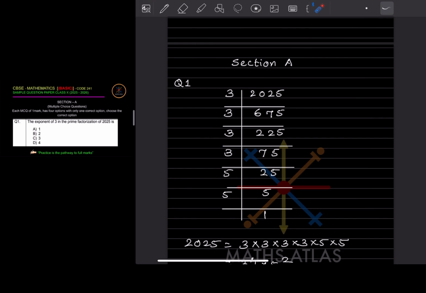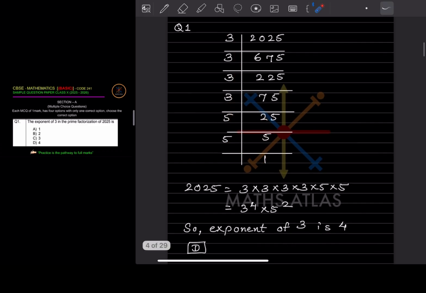So here it goes with 3. 3 times 675 is 2025. Again with 3, 225 times 3 is 675. Then 75, then 25, and 5 fives are 25 and 5 ones are 5. So these are all the factors of it.